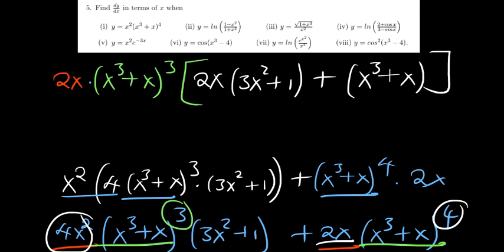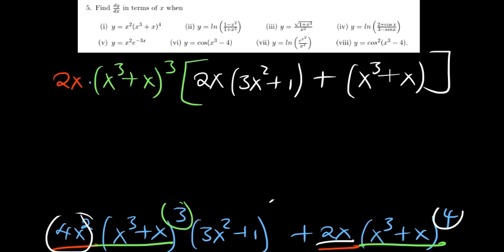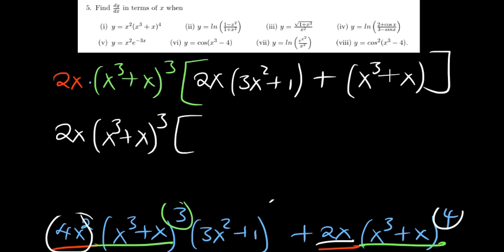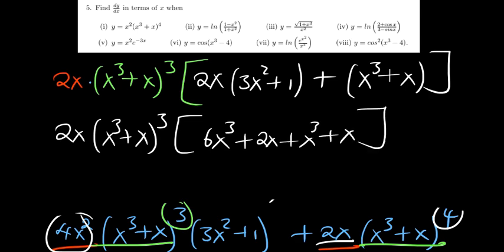Of course you know what is in the brackets can be simplified, right? So I have 2x, x to the power 3 plus x to the power 3 in brackets. So 2x times that is going to be 6x to the power 3 plus 2x, plus x to the power 3 plus x. That's what we have there, right?